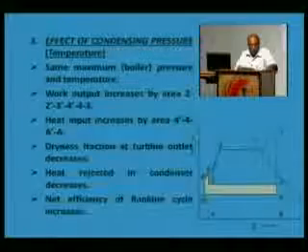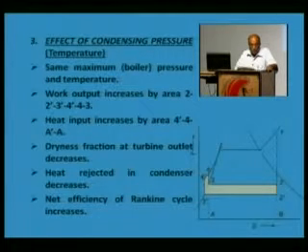Then the third parameter which affects the performance is the condensing pressure.